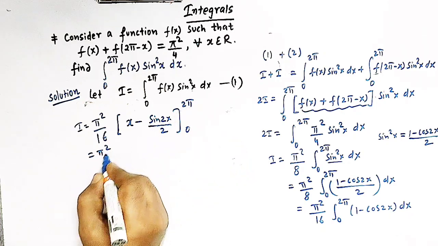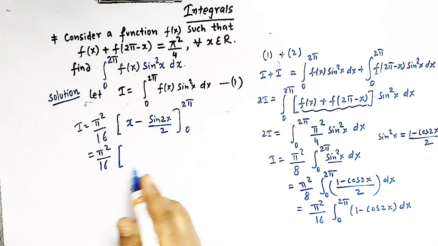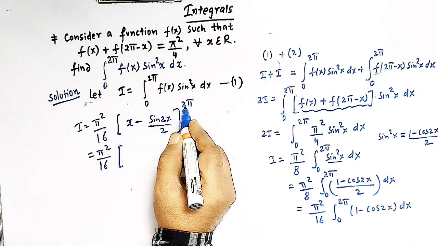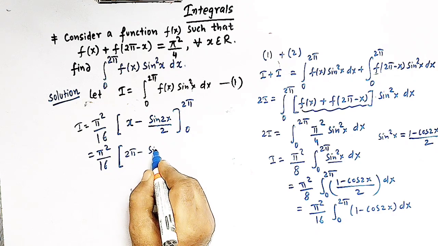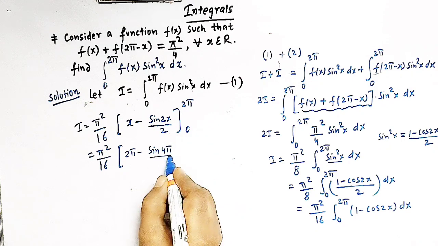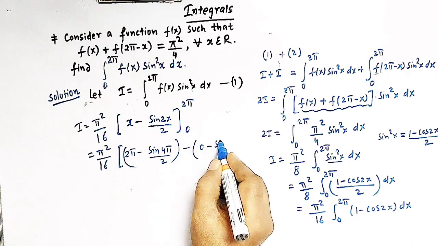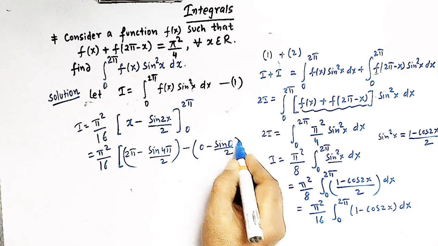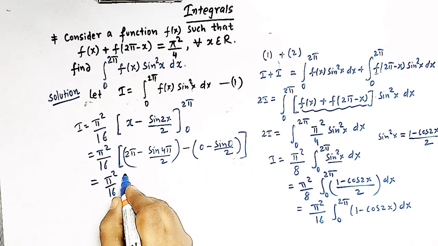So now let us substitute the limits, and we'll take the difference. So when x is 2 pi, we have 2 pi minus sine 4 pi over 2, and then we have 0 minus sine 0 over 2. So this is pi square over 16.